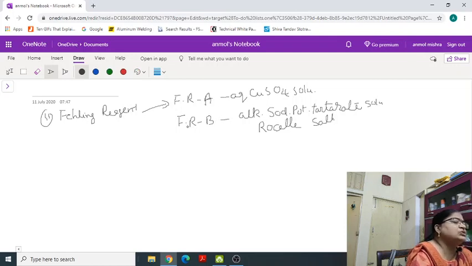When these solutions are mixed together, it forms Fehling's reagent.